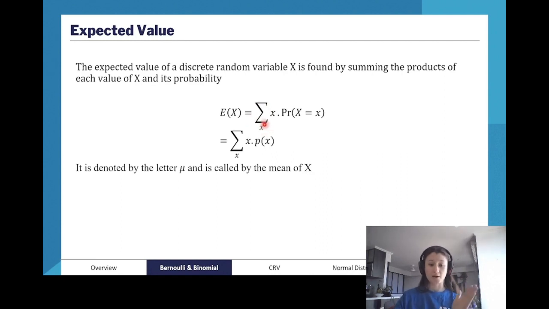So what we're looking at here is the sum of x multiplied by the probability of that x value occurring, right? The formula looks a little bit complicated if you're unfamiliar with it, but once you go through an example, it really is quite simple if you're getting confused by the notation, because I know that I sometimes do as well.